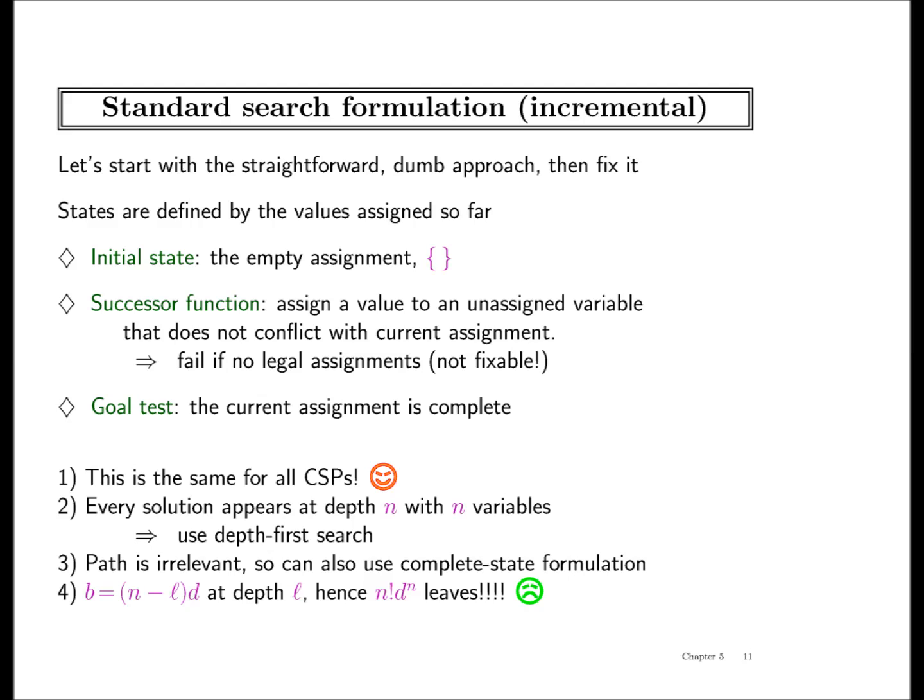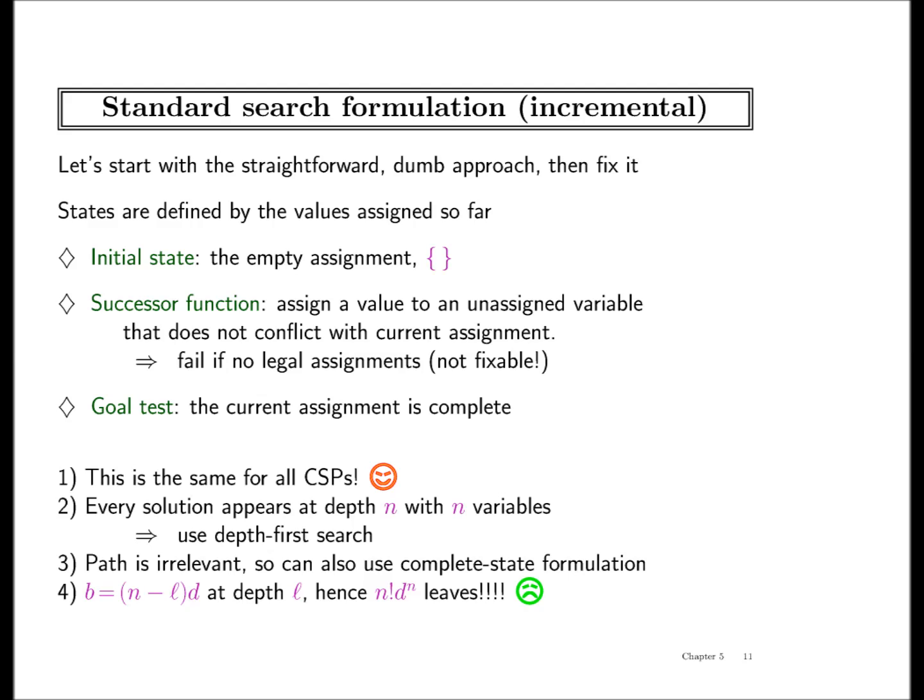As we discussed, every solution appears at depth n with n variables. As you were saying, path is not important, so we could do the other formulation of complete search, but let's stick with that because there are very interesting things that we can add on top of it to make it work. At any depth, the branching factor would be the number of remaining variables.